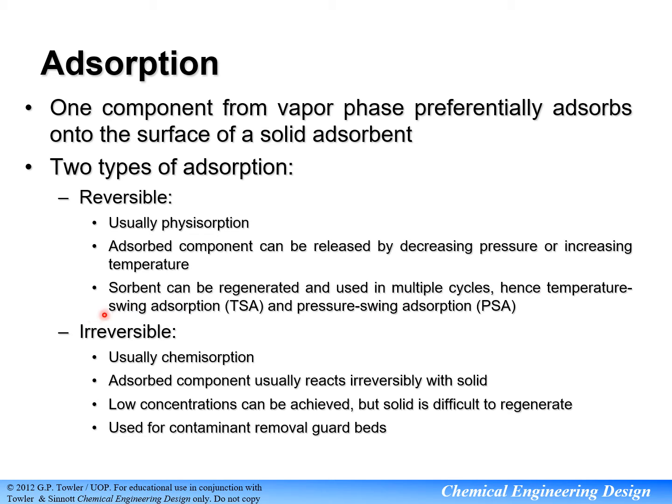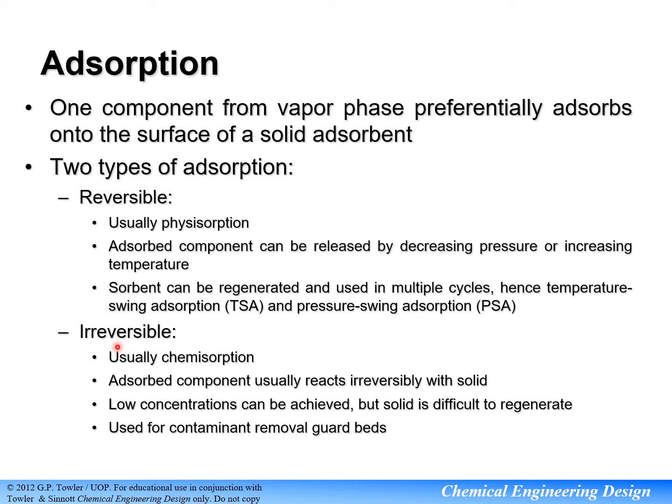Hence, temperature swing adsorption and also pressure swing adsorption. So basically, the equipment used for reversible adsorption is TSA and PSA. Later on I will explain in detail how TSA and PSA work.